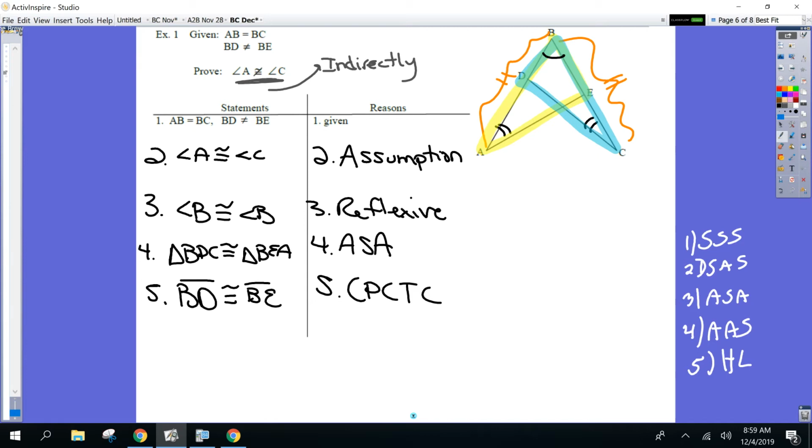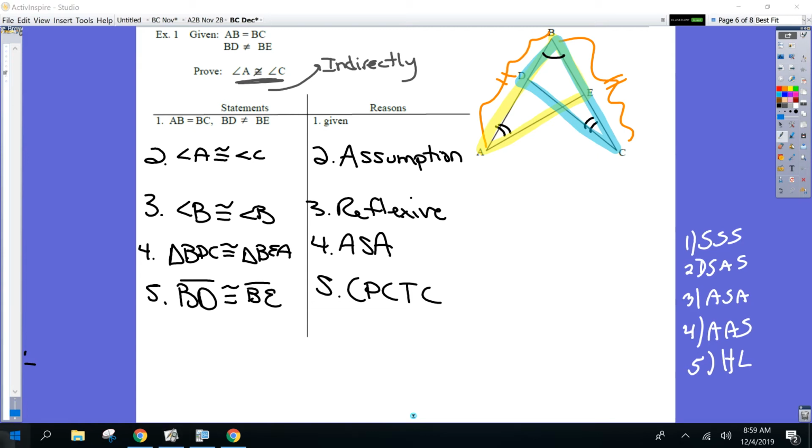Okay, so that can't be true because the given said they weren't equal. Watch the flow now. What started the journey here to lead us to step 5? Assuming A was equal to C, right? Well, that's got to be false, because it led us to this contradiction, which we know is false as well.